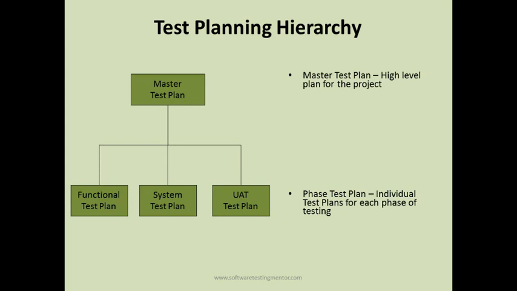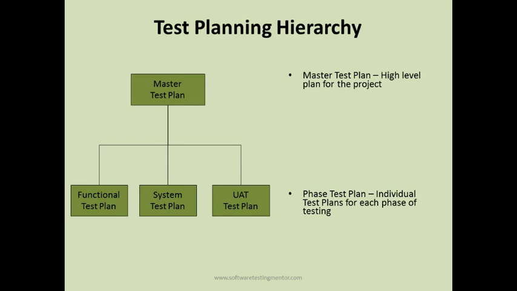And then there are specific level test plans, individual test plans, which are also known as phase test plans for specific testing. For example, if you are doing functional testing right now, there will be a functional test plan specific to functional testing.